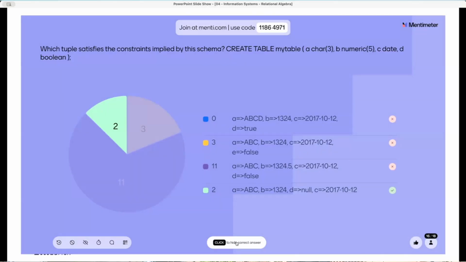So let's see one by one why they don't work. The first tuple, what's wrong with the first record? Yes? That's correct. So here is the number of characters in A, which is limited to 3, as you're saying, and there's 4. So that cannot be the first one. The second one, why can it not be?